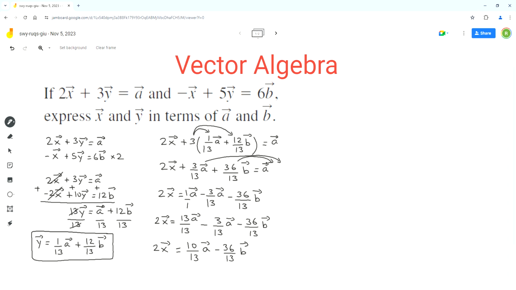Now we can isolate x by dividing each term by 2. So on the left side, the 2's get cancelled out. So on the right side, first we have to do 10 over 13 divided by 2. And for this, we can first change this expression into a division statement.